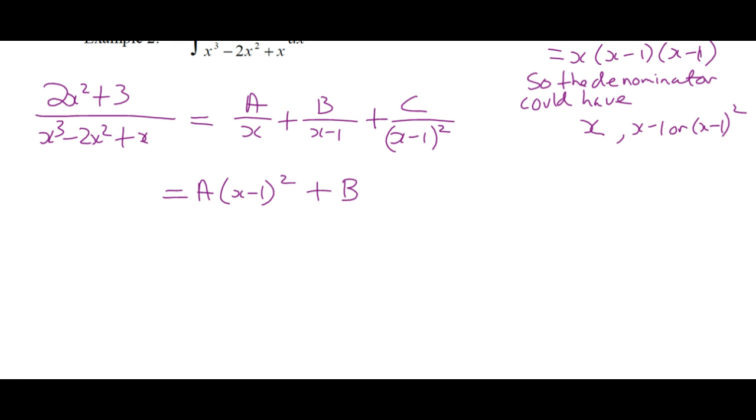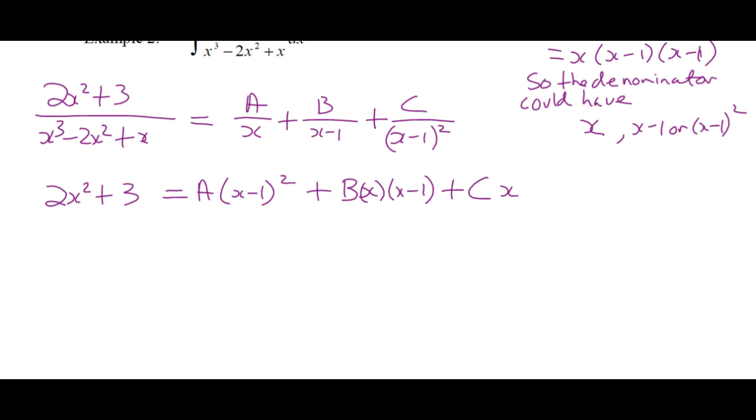What does B have to be multiplied by? An x and an x minus 1, right? And what does C have to be multiplied by? Just x. And what's that going to be equal to? Well, that's the numerator, right? 2x squared plus 3.